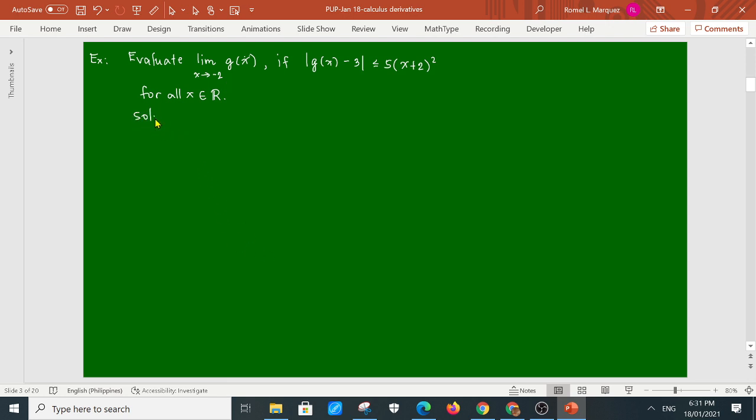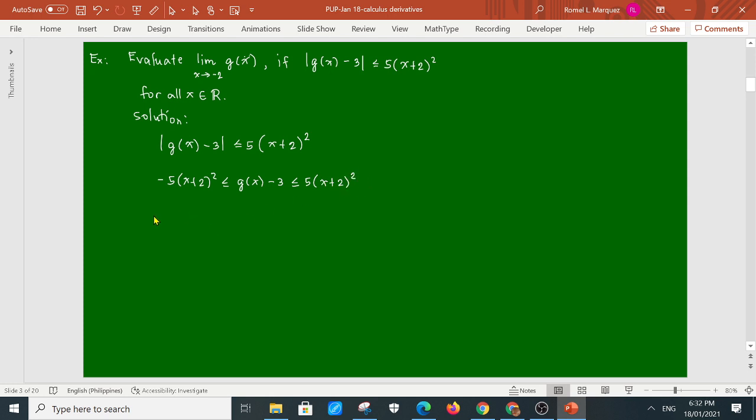So, solution. First, we copy the condition: the absolute value of g of x minus 3 is less than or equal to 5 times x plus 2 quantity squared. Again, this inequality means negative 5 times x plus 2 quantity squared is less than or equal to g of x minus 3, which is less than or equal to 5 times x plus 2 quantity squared.